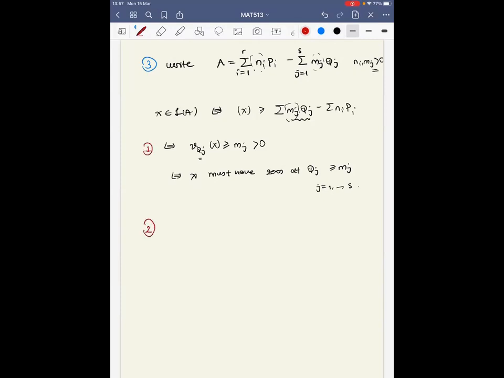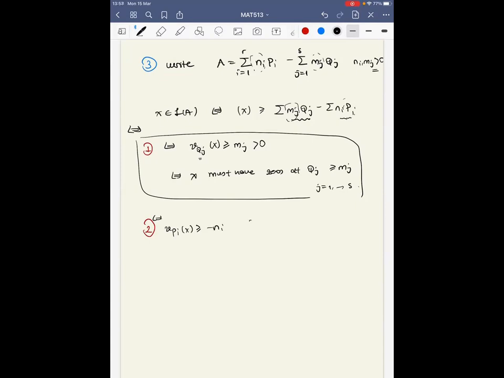And similarly, by checking the valuations at these given p_i's, let me divide two cases, and v_P of x is bigger than or equal to minus n_i.